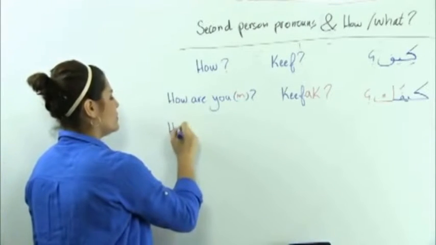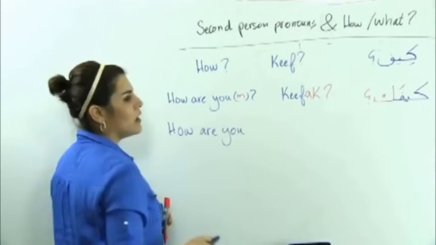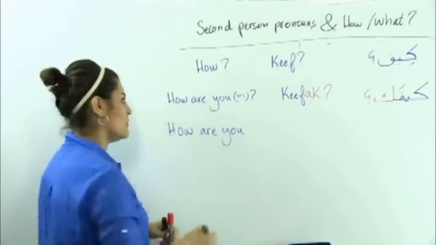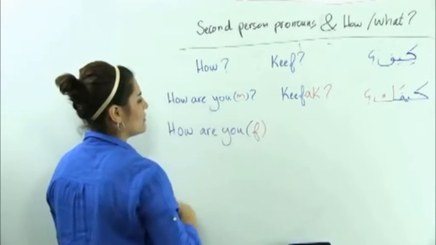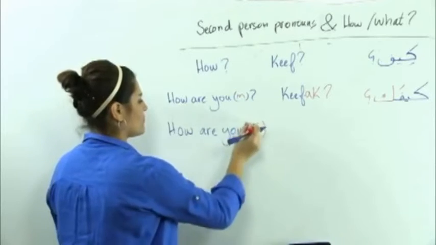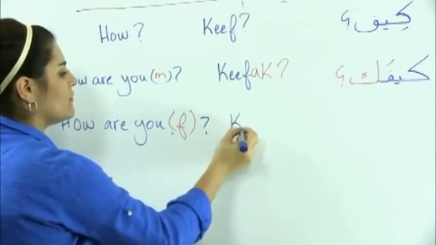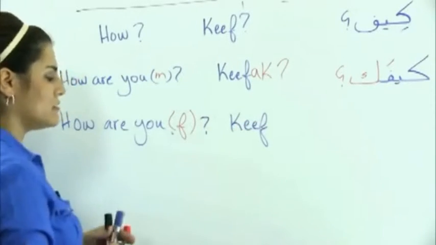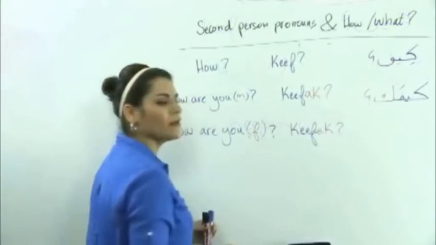And if I'm talking to a woman, say, how are you, Christine? I'm talking to Christine. So you, feminine. The question is, of course, كيف again, plus the suffix ik: كيفك.